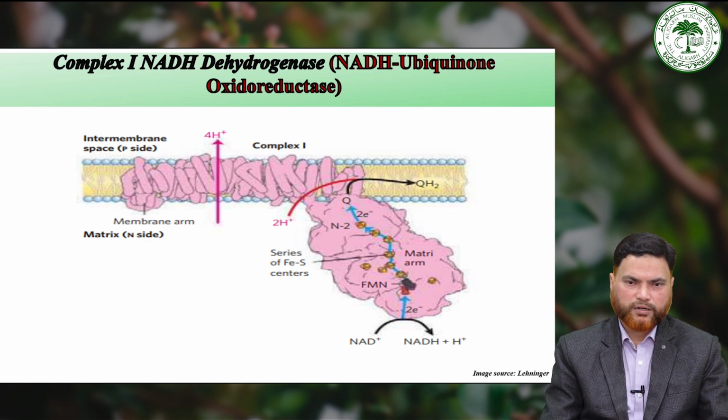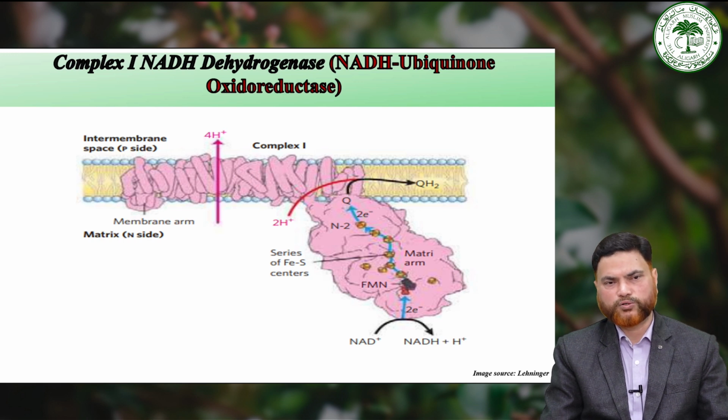So, how does proton translocation occur through this complex? As electrons are transferred to ubiquinone, this leads to a conformational change in the antiporter protein, leading to the translocation of 4 protons across the inner mitochondrial membrane.